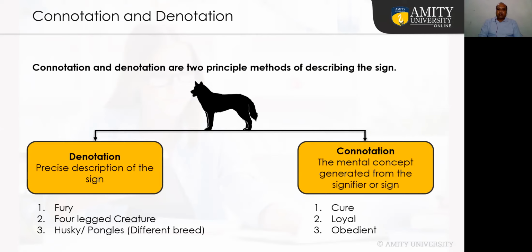It is a four-legged creature. It can be a different breed, a husky, for example. And when you talk about a dog, it has some connotations, some meanings, a mental concept generated from the signifier or sign. It is loyal, it is obedient, it is pure. This is how connotation and denotation work when you use an image or any object in your design.